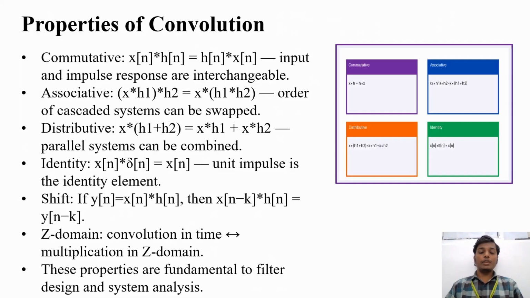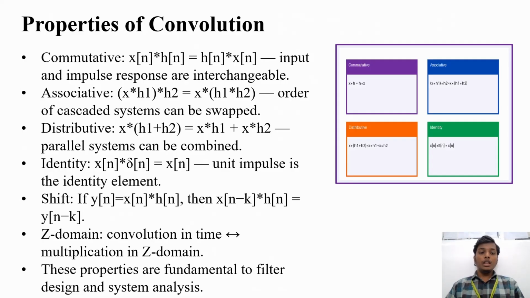Distributive means x convolved with h1 plus h2 equals x convolved with h1 plus x convolved with h2, where parallel systems can be combined. Identity means x[n] convolved with delta[n] gives x[n]; the unit impulse is the identity element.